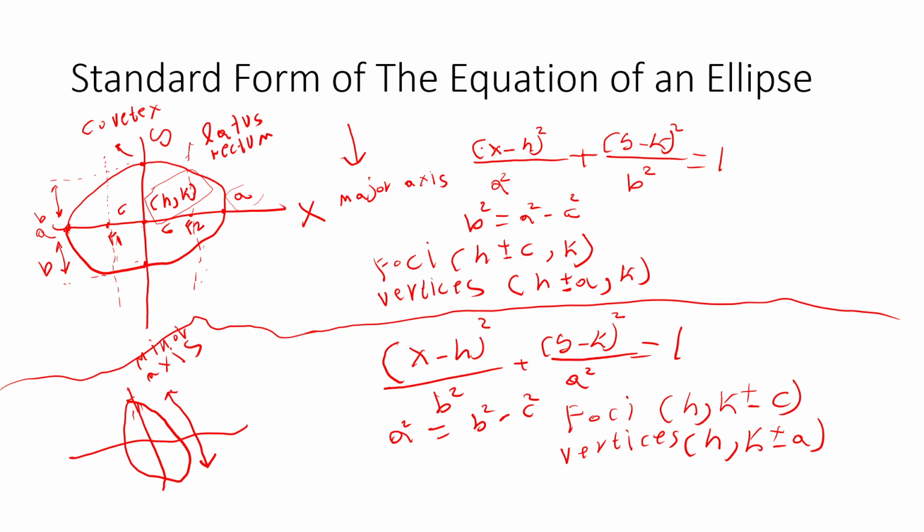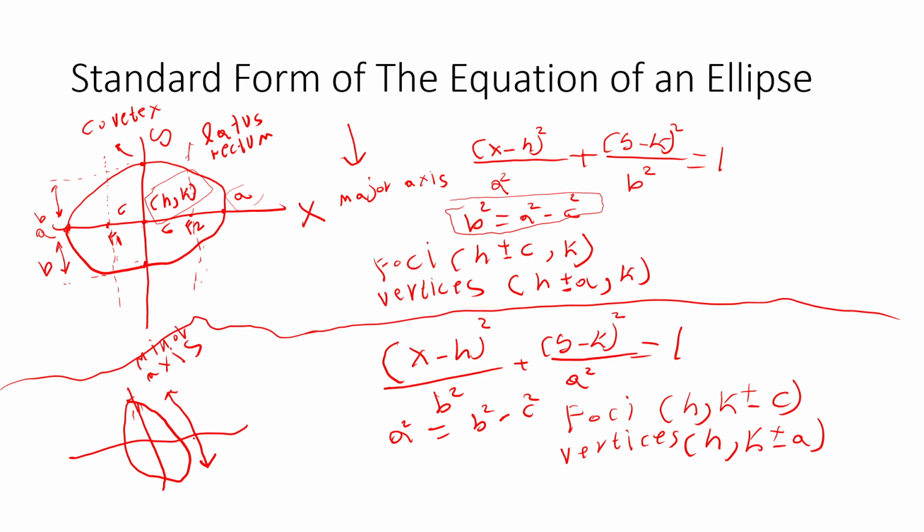And the equation of the ellipse, where the major axis is the x-axis, is (x minus h) squared divided by a squared plus (y minus k) squared divided by b squared is equal to 1. And this is the relationship between the parameters b, a, and c. The foci are located at (h plus or minus c, k), vertices (h plus or minus a, k).